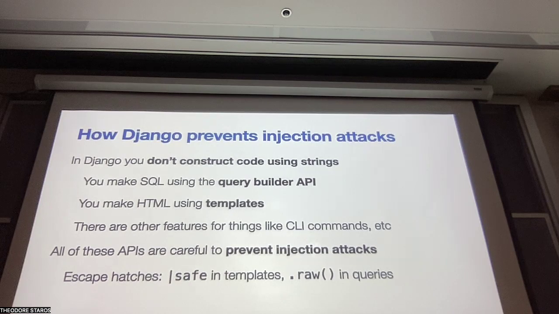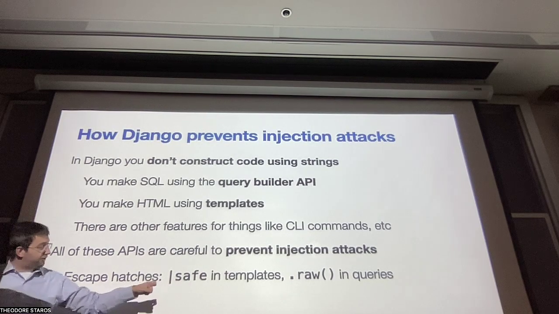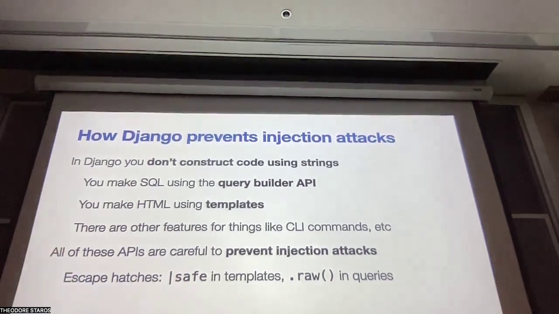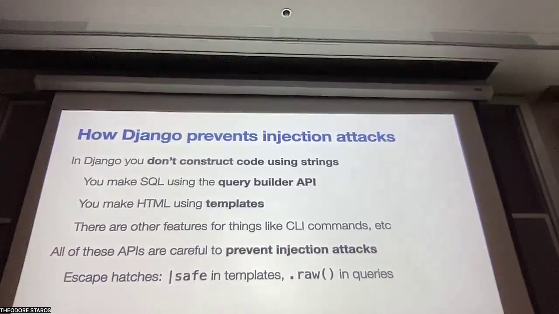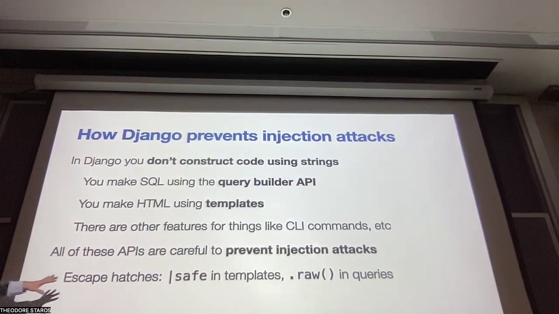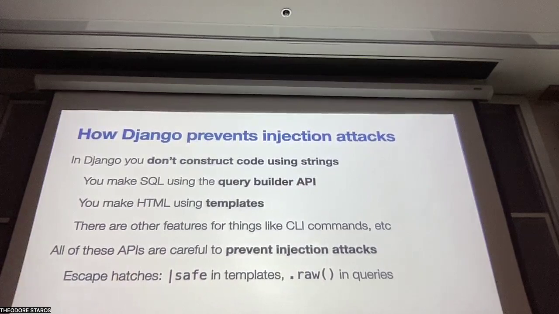That's the good news. That said, there are going to be cases where you want to circumvent these. In your third homework assignment, you probably saw this pipe safe filter. It's called safe because you're here asserting that the data you're printing is safe for some reason. In your grades application, what was intended to be safe was the description of an assignment.